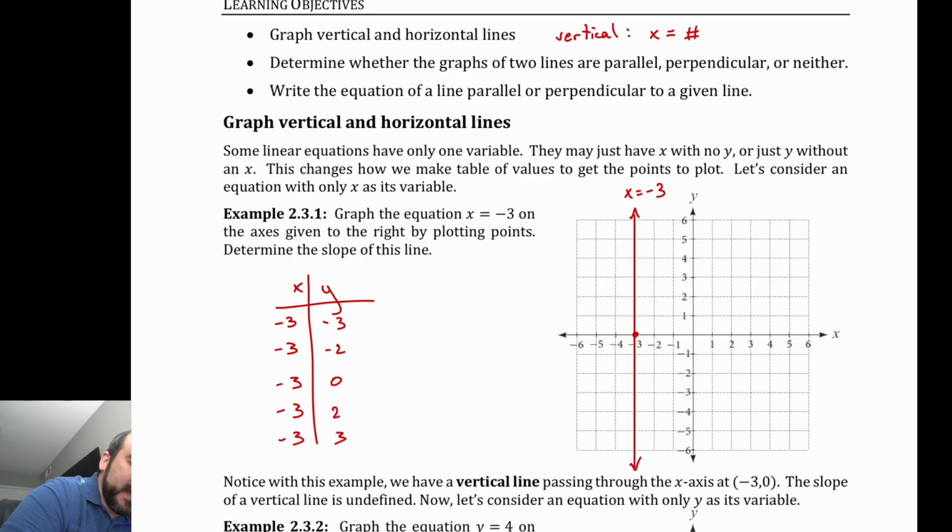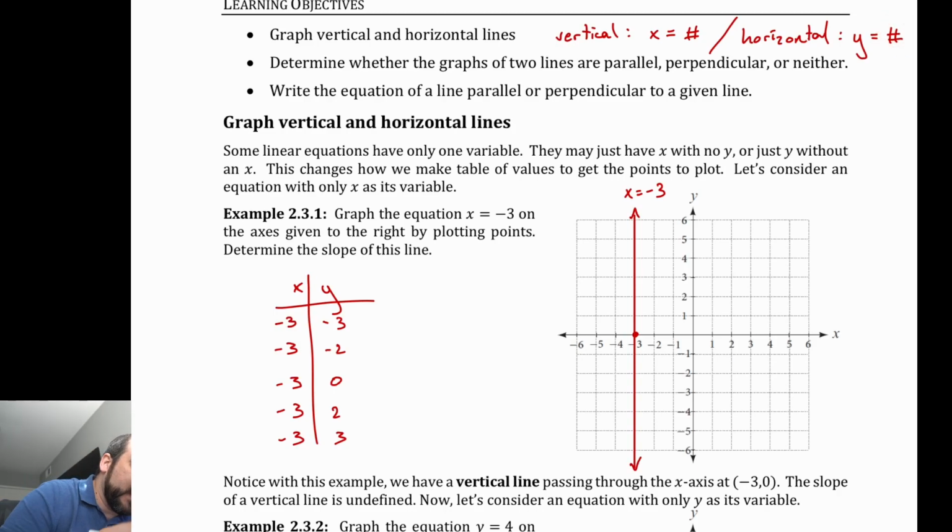As far as a horizontal line goes, if a vertical line is x equals a number, then a horizontal line will be y equals a number. And a horizontal line is going to go left to right. It's going to cross the y-axis wherever this number indicates.